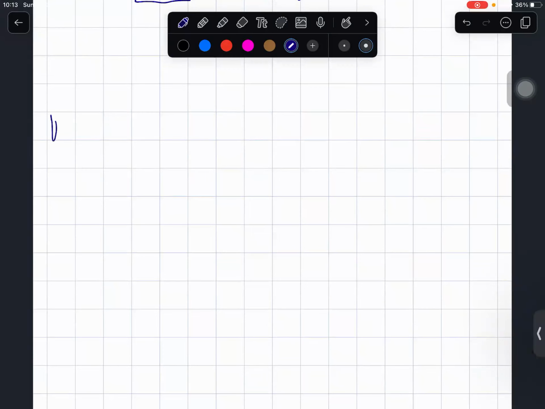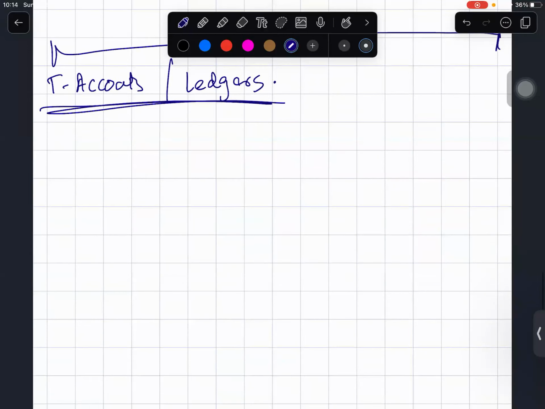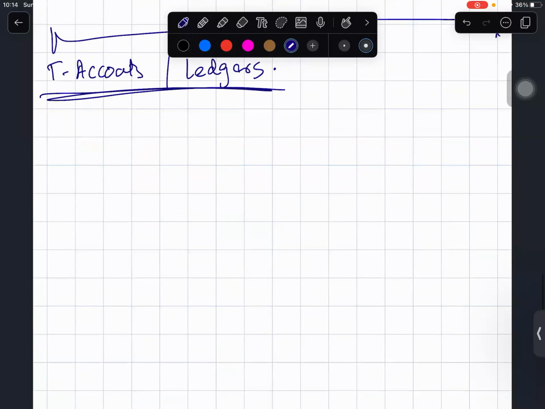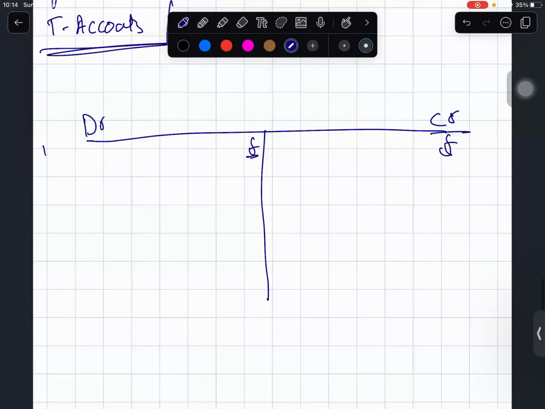Now, today we are going to discuss the accounts, which are also called ledgers. Now, as the name itself suggests, T accounts, this means that these accounts are basically made in the shape of a T. Left side is the debit side, the right side is the credit side, put a currency sign over on this side, write the date in front, and the account name in the middle on both sides.